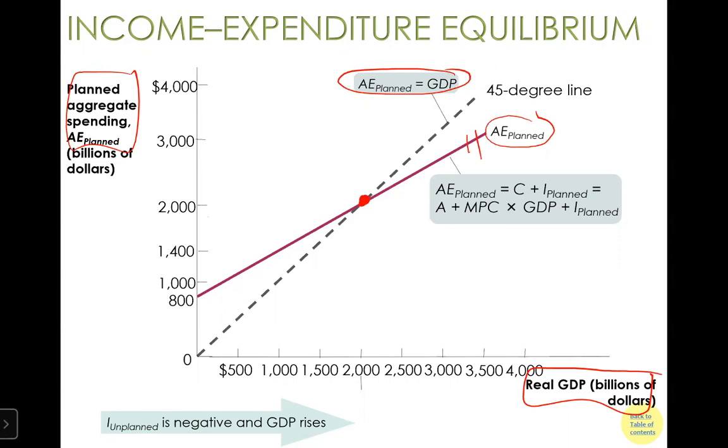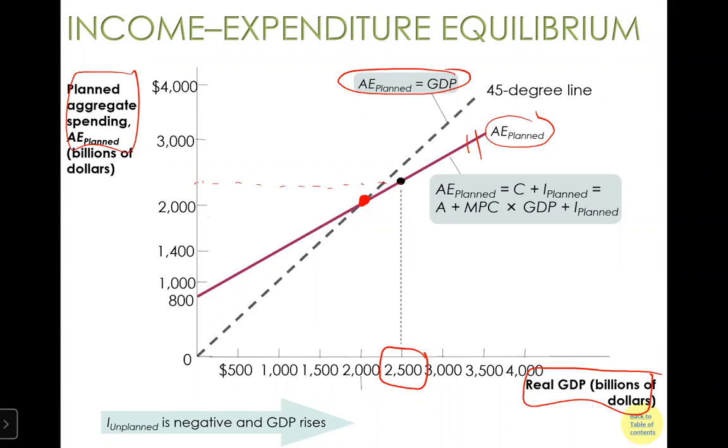Now, if for some reason we were expecting the real GDP or disposable income to be 2,500 billion, people are going to have their plan in terms of consumption and investment.